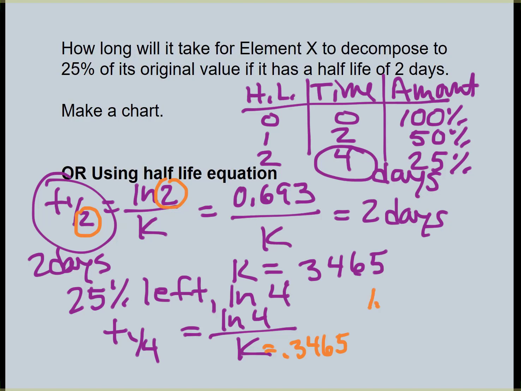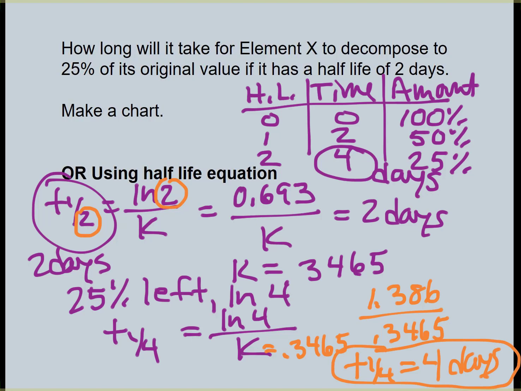So I have 1.386 divided by 0.3465. And my time when 1/4 of it is left is 4 days. So just kind of another way to work around it. But that's how you would use that half-life equation.